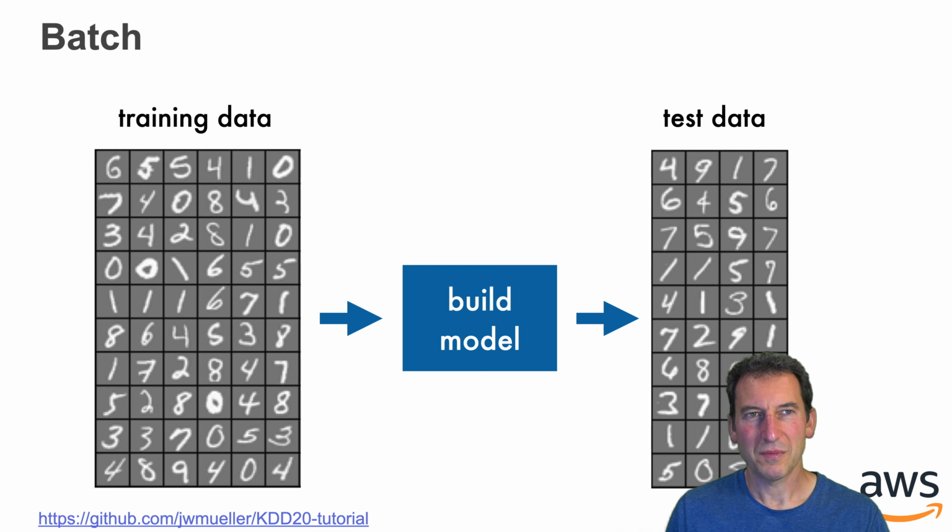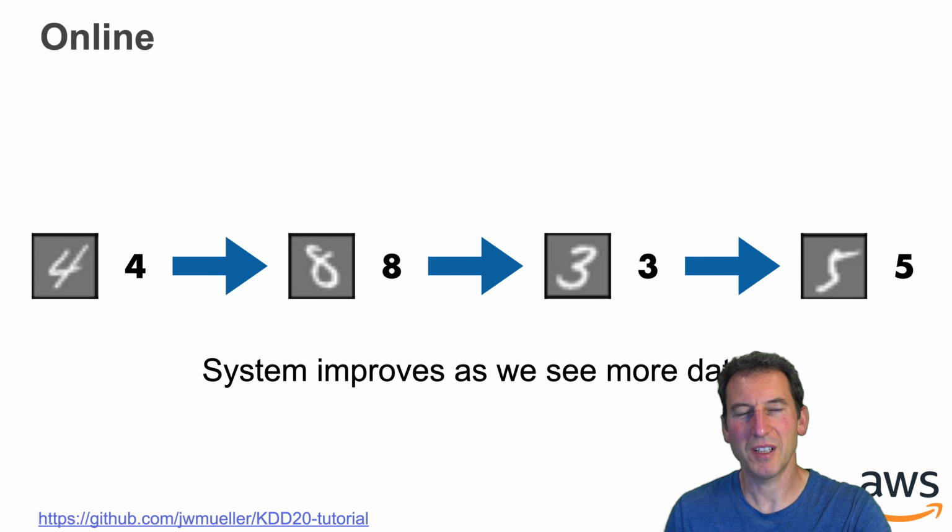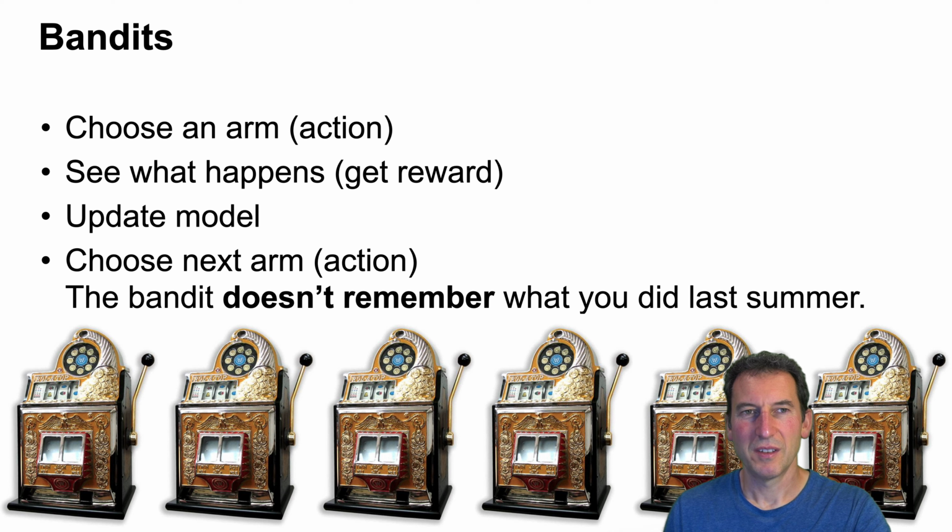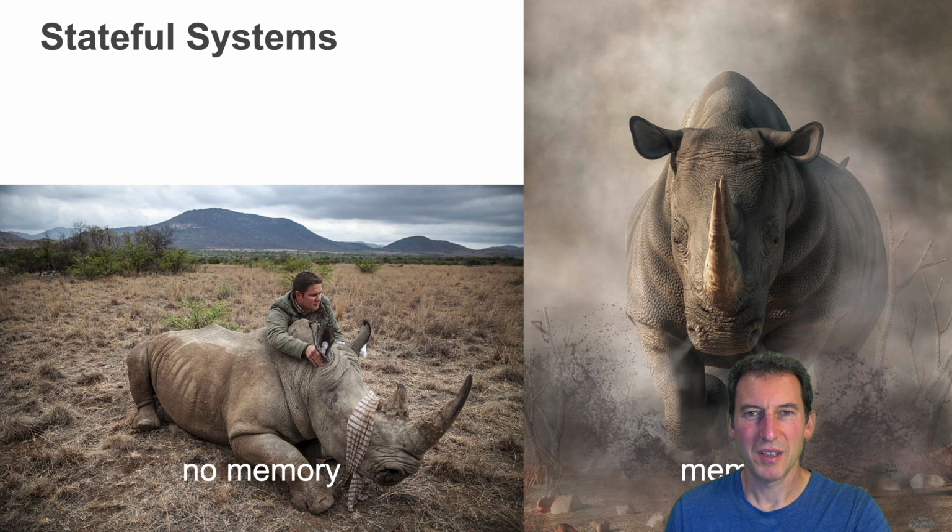So the example would be here for batches, training data, then you build a model and you deploy. Online, you have one observation at a time, you improve your model. In the bandit case, you don't necessarily get to see what all the other bandits would have given you, you just pull one arm. But the bandit doesn't actually remember what you did before. On the other hand, if you have a rhino, this might very well remember it.